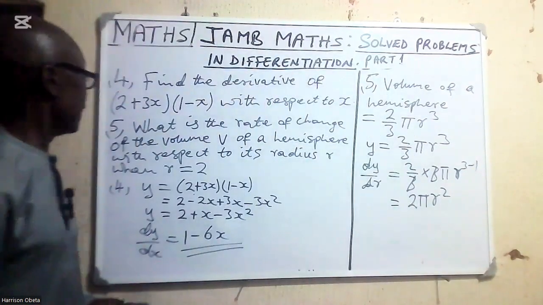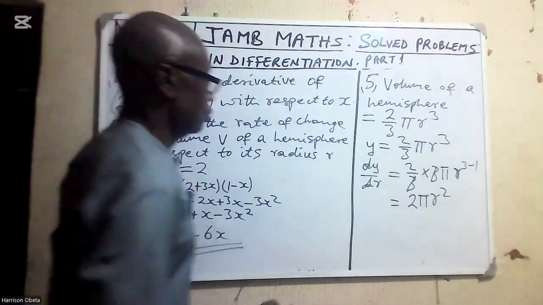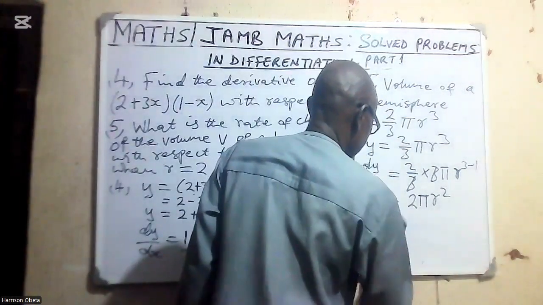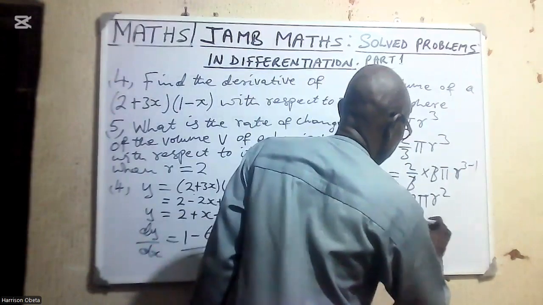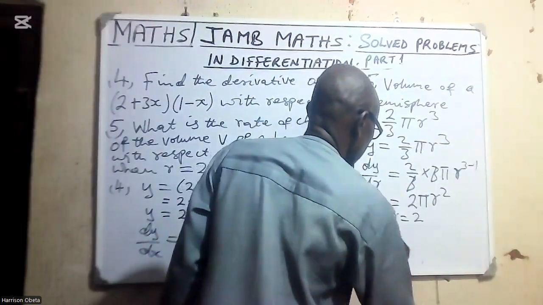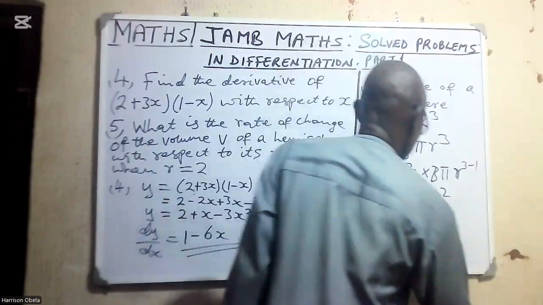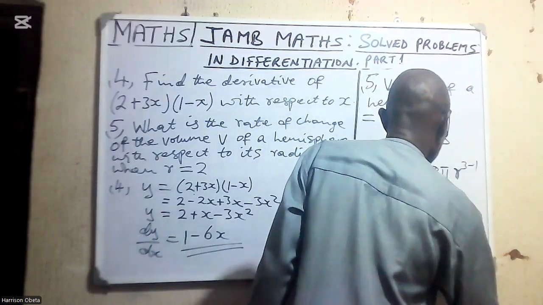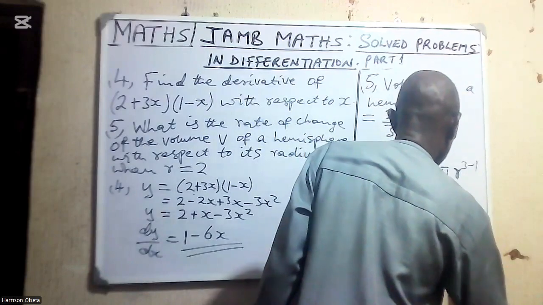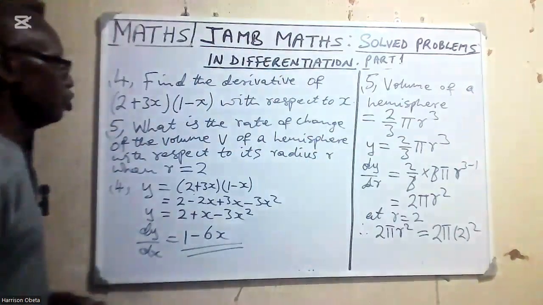But we are told that we have to do that when r is equal to 2. So at r equal to 2, 2 pi r squared will be the same thing as 2 pi brackets 2 squared. You replace r with 2.